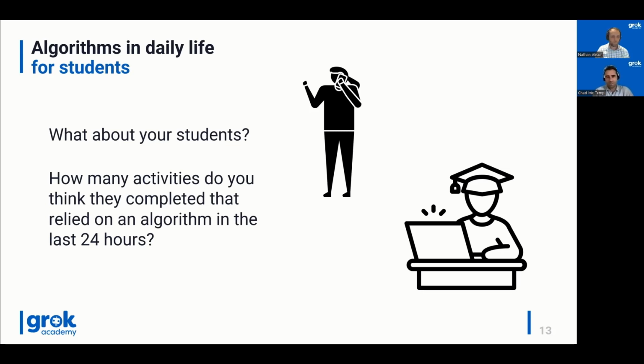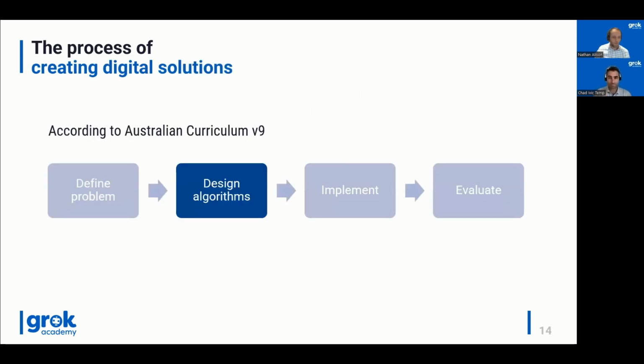So moving on, Nathan. In the Australian curriculum, designing algorithms is part of a much larger process for creating digital solutions. When we're looking at a problem or an opportunity that we're trying to address with some kind of digital solution, we have to first define that problem.